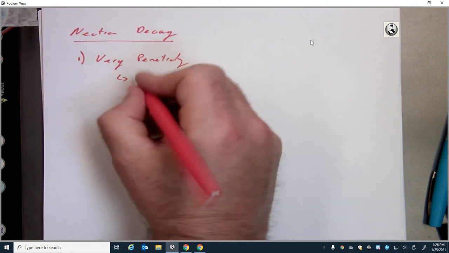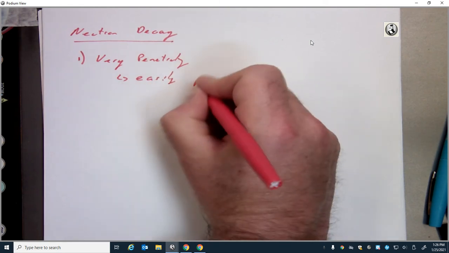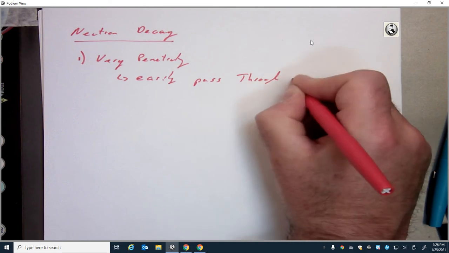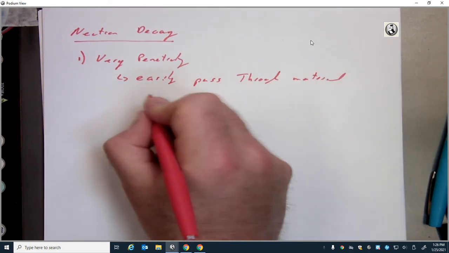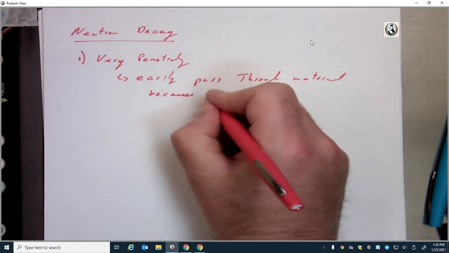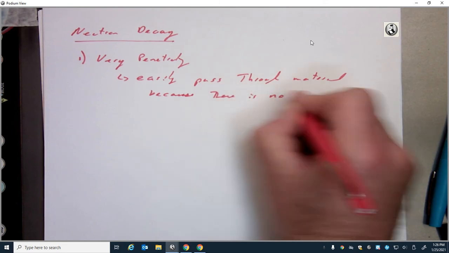And it will easily pass through material because there is no charge.